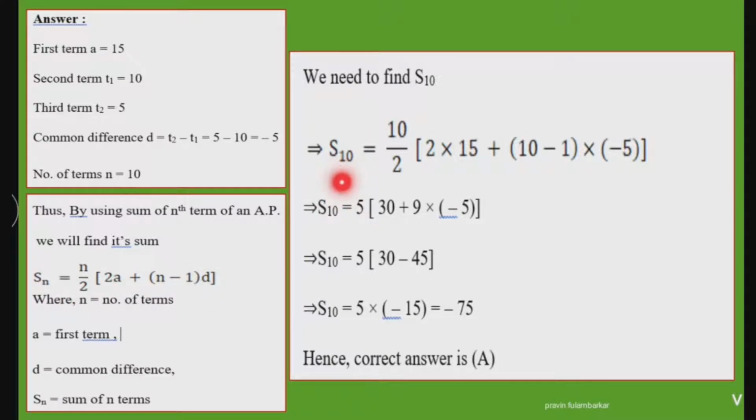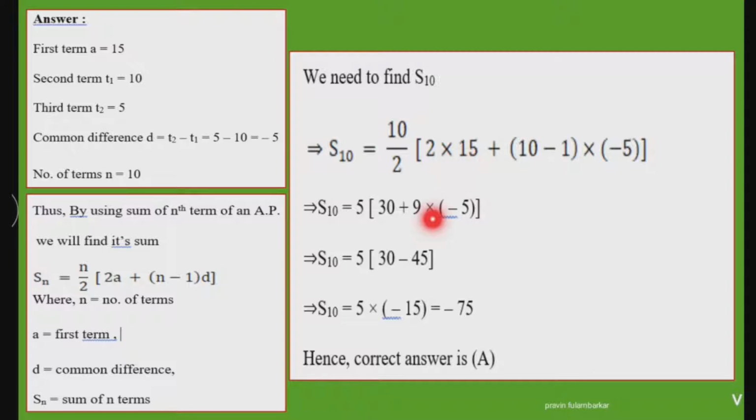So we have to find S10, so we write S10 equals, in place of n we replace 10, so 10 by 2 into 2a, so in place of a, first term, the value of a is 15, plus n minus 1, so n is 10, so 10 minus 1 into d, which is minus 5. So we replace all the values.